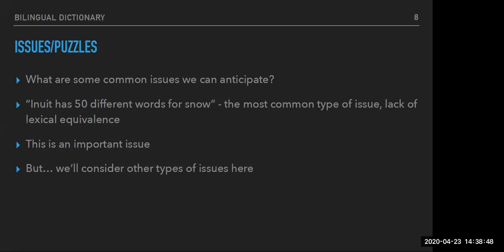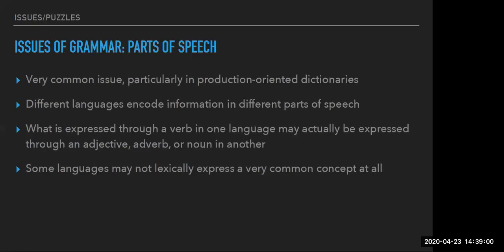But since we are mostly talking to linguists here, I want to consider other types of issues. Next slide. So I want to look at issues of grammar, parts of speech. This is a very common issue, particularly in production-oriented dictionaries, because they do not have the space to explain that this is a verb in English, but it's used differently in another language.